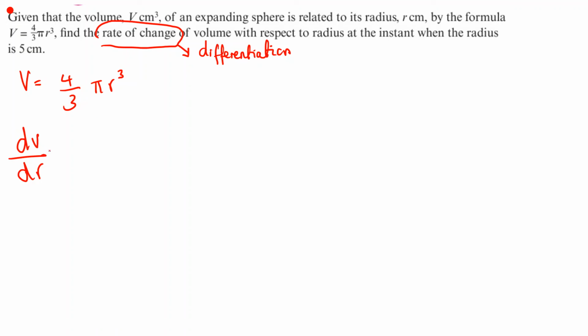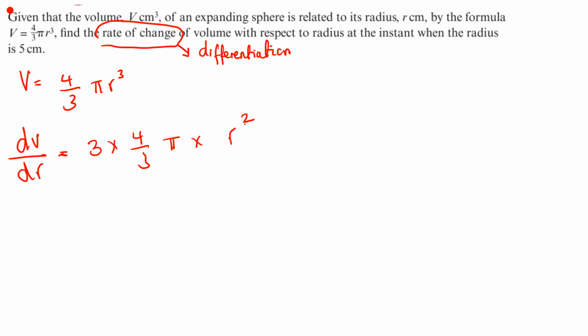So let's differentiate this. Again, pi is a constant, remember that. So this would all be 3 times 4 over 3 pi times r squared.